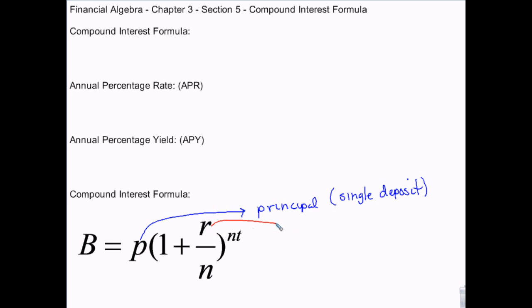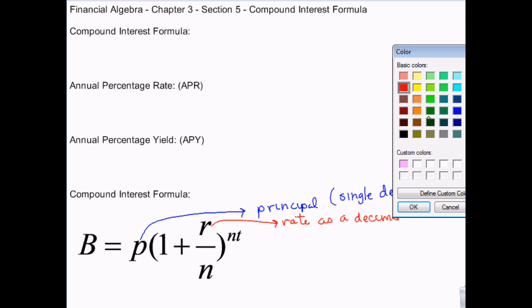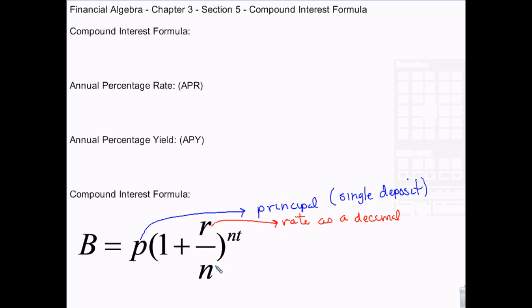R is your rate, again, as a decimal. N is the number of times we compound per year.